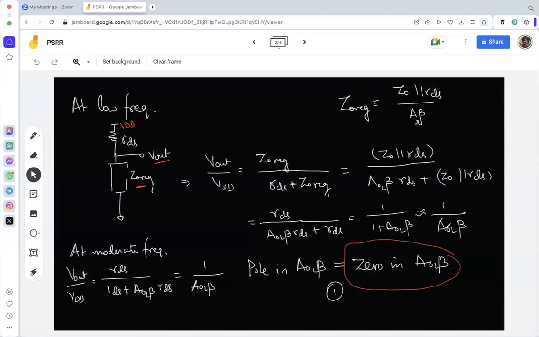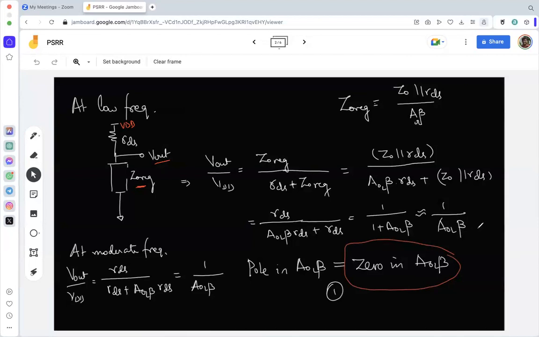All the other terms cancel. Finally, what remains is 1 by AOL beta. AOL beta is nothing but the loop gain. At low frequencies, how much of VDD's noise will appear at Vout will be 1 by AOL beta.